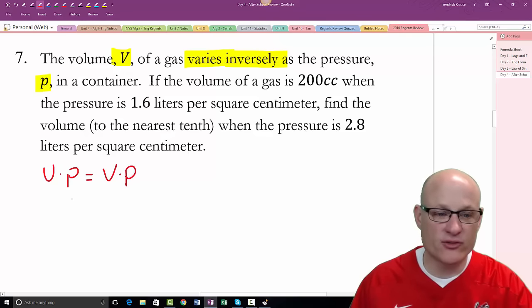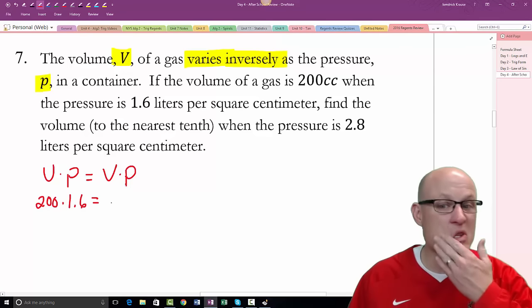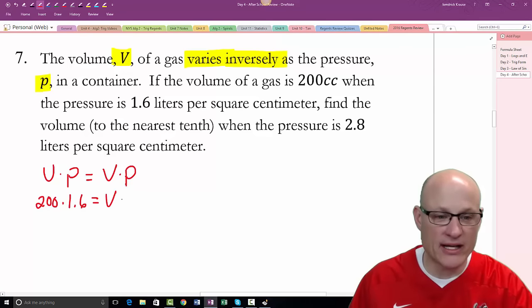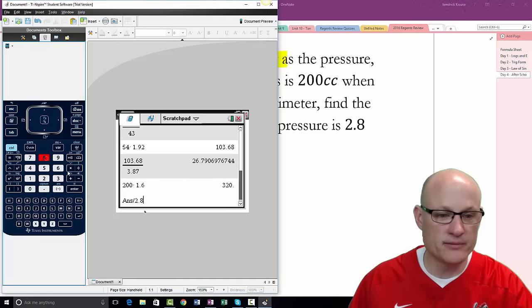If the volume of a gas is 200, don't worry about the units, and the pressure is 1.6, find the volume to the nearest tenth when the pressure is 2.8. So we got to get volume when the pressure equals 2.8. That's the problem we're going to solve. We're going to divide by 2.8. And we're done. So 200 times 1.6, enter, divided by 2.8.